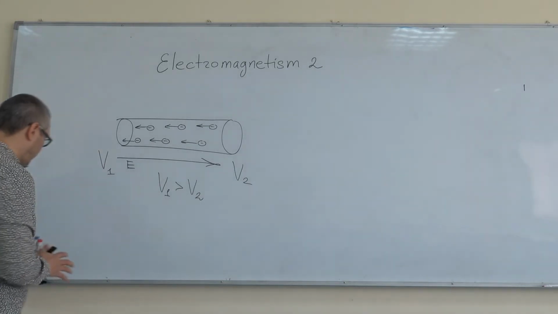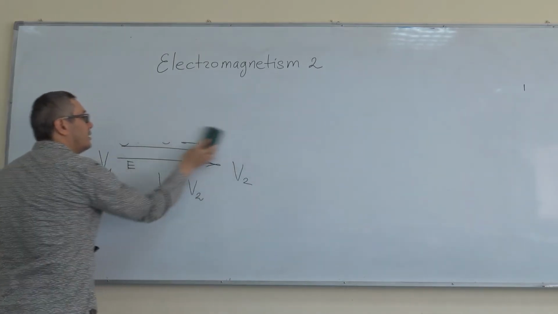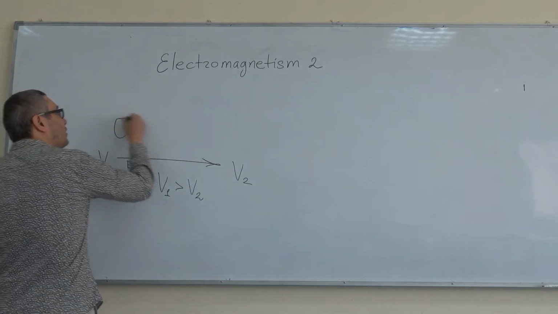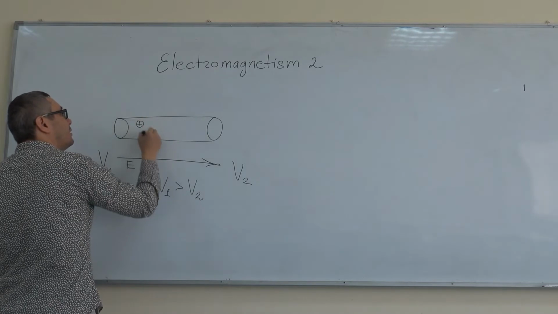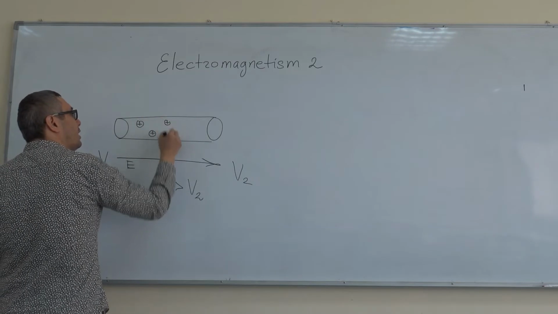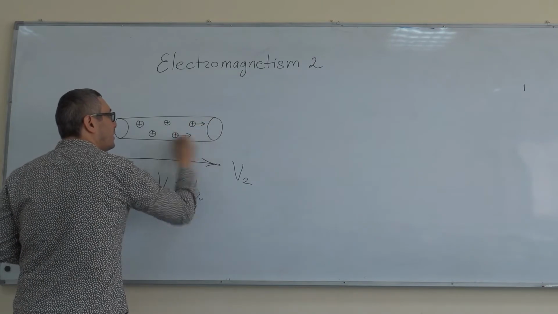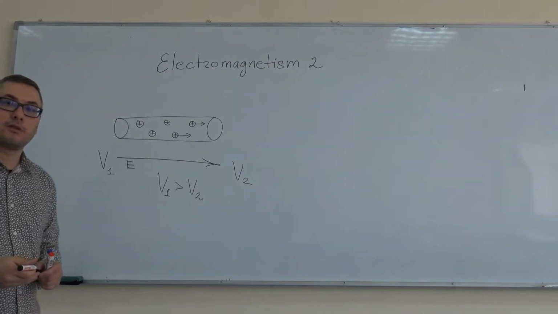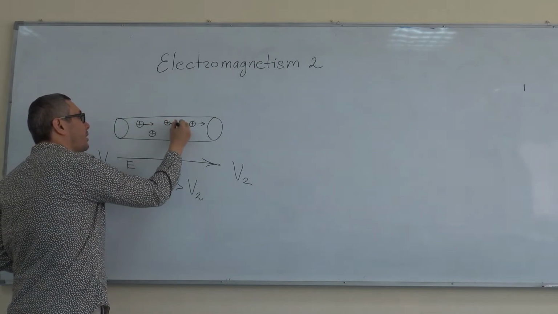So, instead of thinking of the electrons now, I will be thinking of positive particles which are moving in the direction of the field. So I am changing the sign of the particles, and I'm changing the direction of motion of these particles. So they're moving along the electric field.